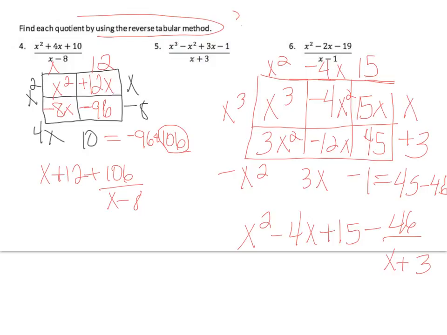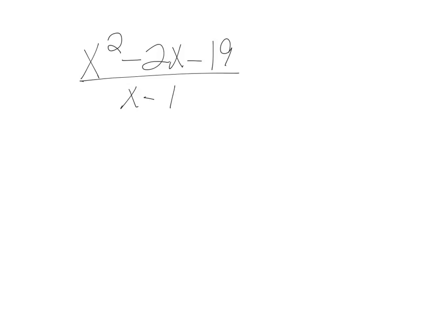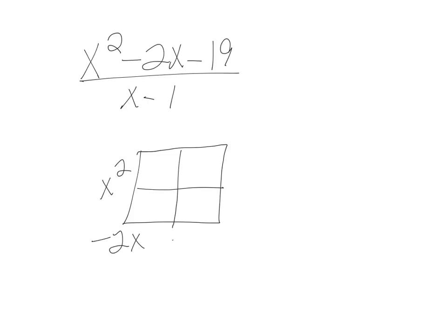Cool? All right, let's do the next one on a new slide. Okay, so this is number 6. x squared minus 2x minus 19 over x minus 1. x squared, negative 2x, and negative 19, over x minus 1. So here I have an x.